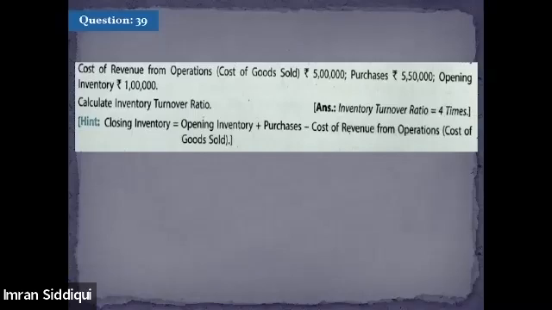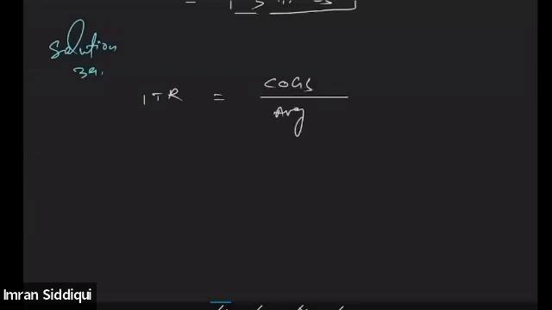Okay. Question number 39. Again, cost of revenue from operation is 5 lakh. Purchase is 5,50,000. Opening inventory is 1 lakh. Calculate inventory turnover ratio. Inventory turnover ratio equals COGS divided by average inventory.